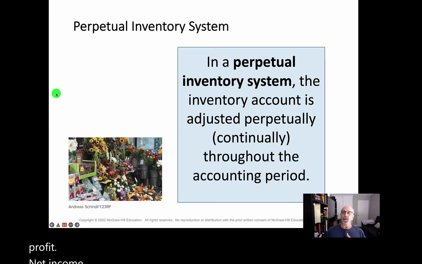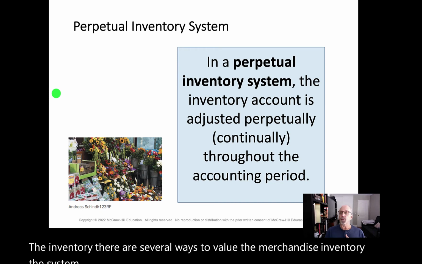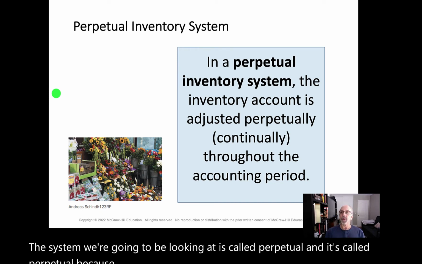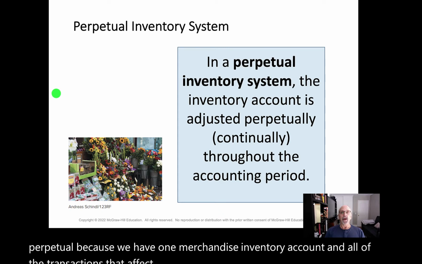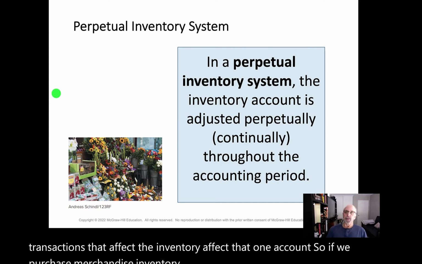The inventory, there are several ways to value the merchandise inventory. The system we're going to be looking at is called perpetual. And it's called perpetual because we have one merchandise inventory account and all of the transactions that affect the inventory affect that one account. So if we purchase merchandise inventory, the merchandise inventory account goes up.